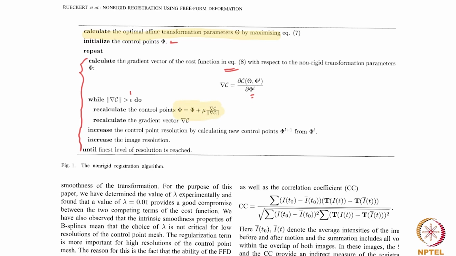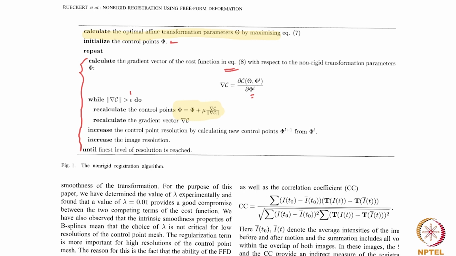After you estimate this, you apply the deformation and then recalculate the gradient vector, and so on and so forth. Once you have converged for a particular resolution, you can move to a higher resolution of grid points and also a higher resolution of the image, and then repeat the whole process.